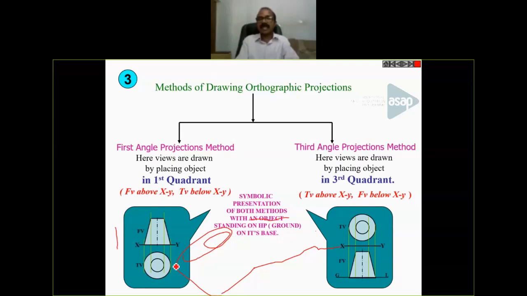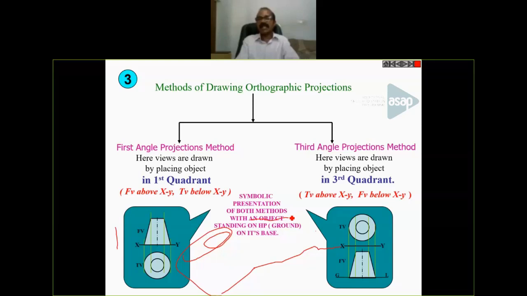Similarly, for the third angle projection method, the object is in the third quadrant. That means the elevation, the front view, you can see below the xy line, and the top view you can see in the horizontal plane, but the horizontal plane is rotated through 90 degrees in the clockwise direction.